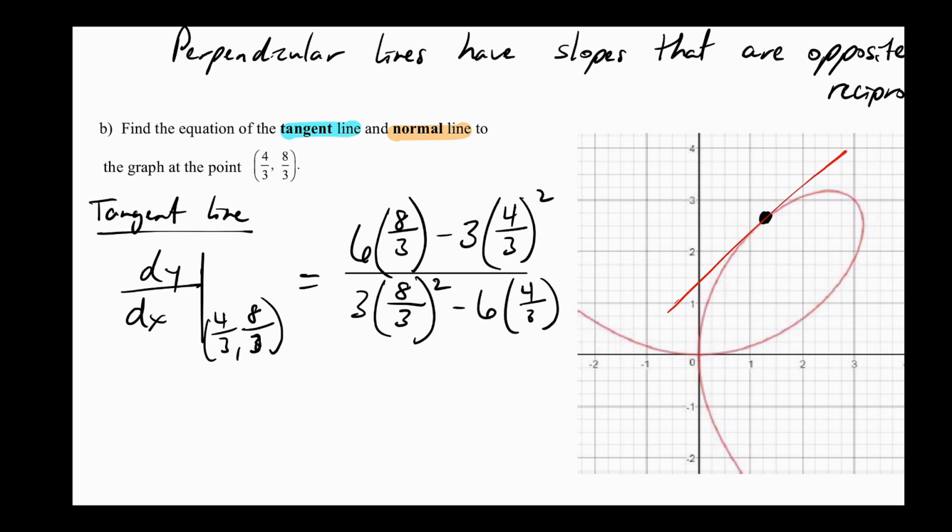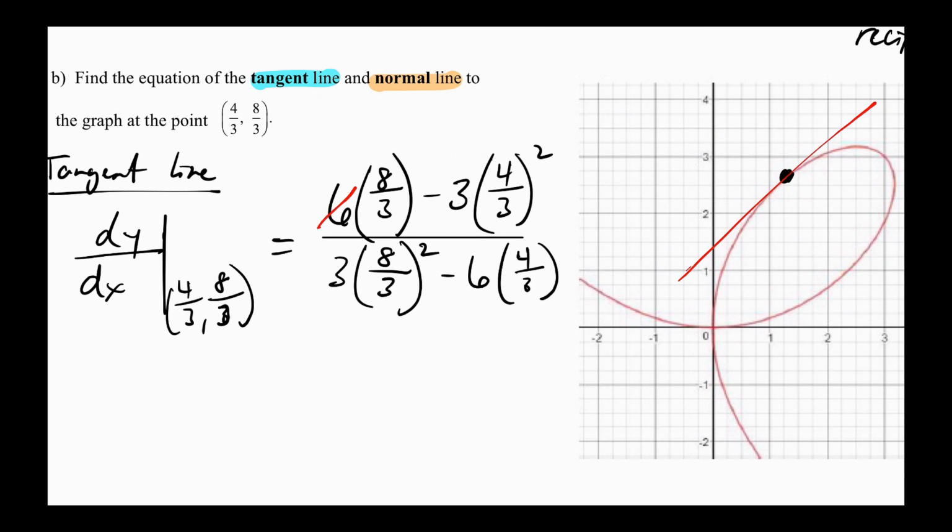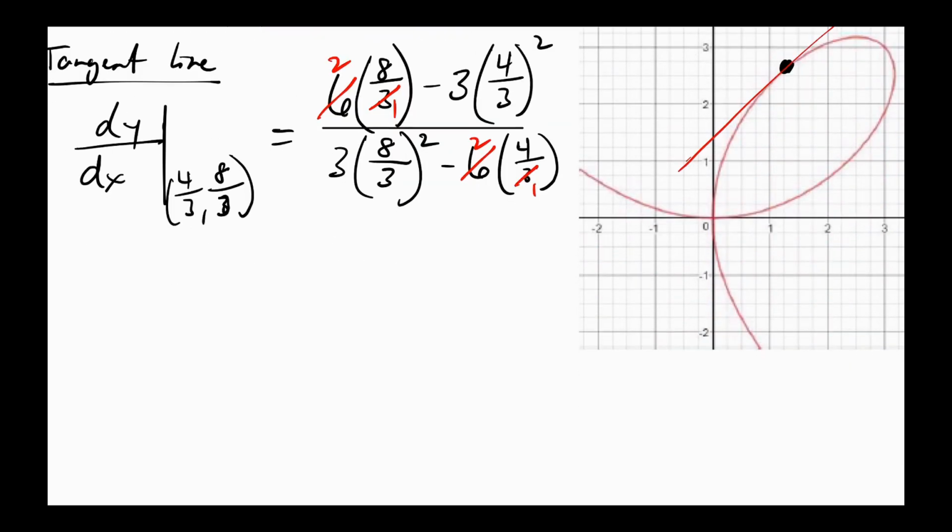So 6 times 8/3. Well, 6 and 3 can both be divided by 3, so that makes a 3 and a 2. Same thing over here. I can't do that for 4/3 because it's 4/3 squared. I can't cancel out the 3's because I have to square it first and then I can cancel it out. Okay, so let's see. We get 16 minus 3 times 16 over 9, because 4/3 squared is 16 over 9.